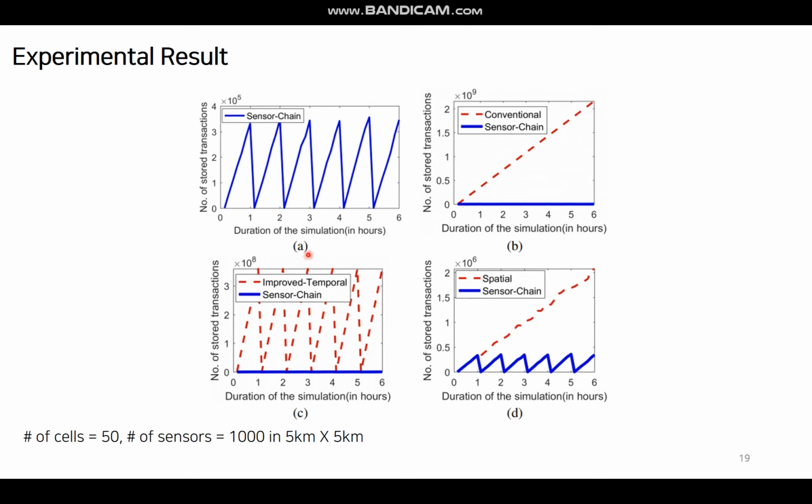Figure A depicts the number of stored transactions in a single IoT node, and figure B depicts the comparison between conventional blockchain and the sensor chain. And figure C compares the improved temporal blockchain with sensor chain, and the last figure D compares the number of stored transactions between spatial blockchain and sensor chain.